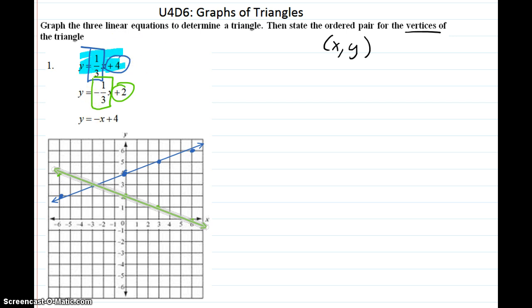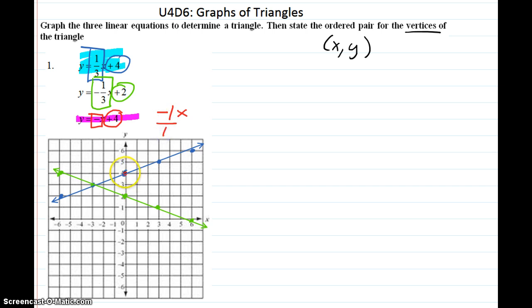And then our last equation is y equals negative x plus 4. So this one has a y-intercept of positive 4, so it shares that dot. And then negative x. When you have a negative x as a slope, that just means negative 1x. So our slope's going to be negative 1 over 1.